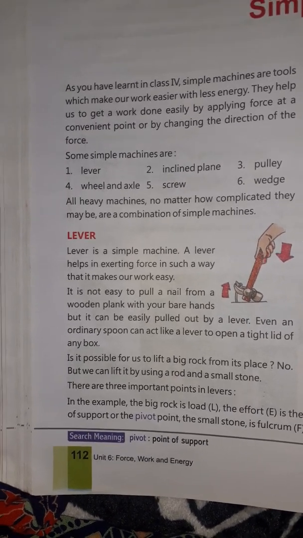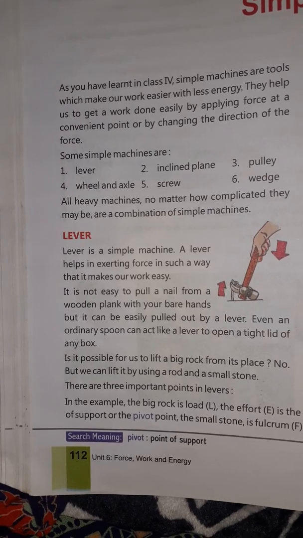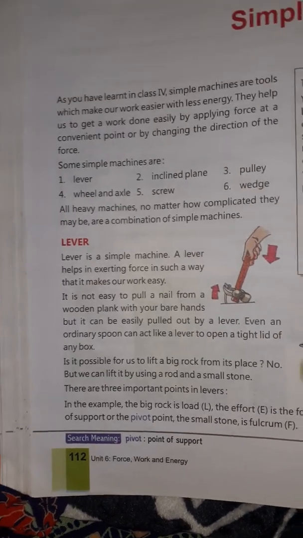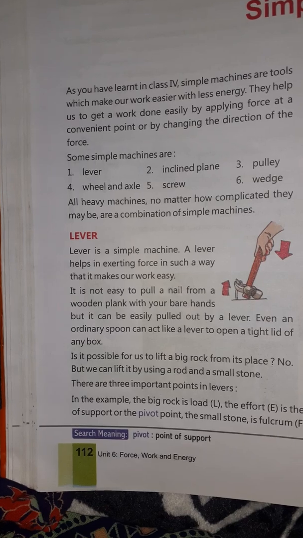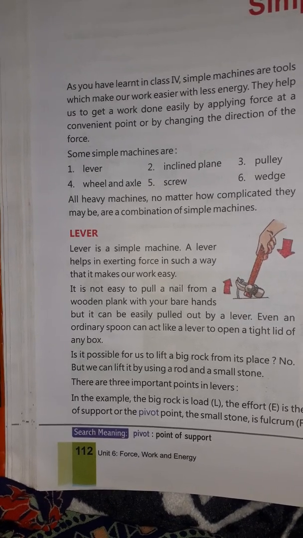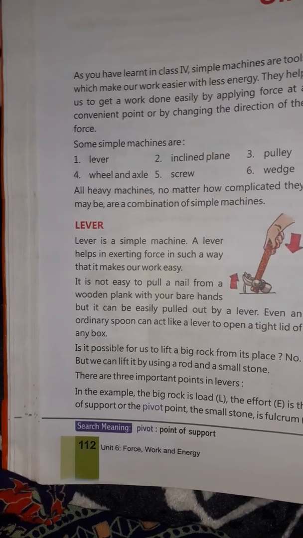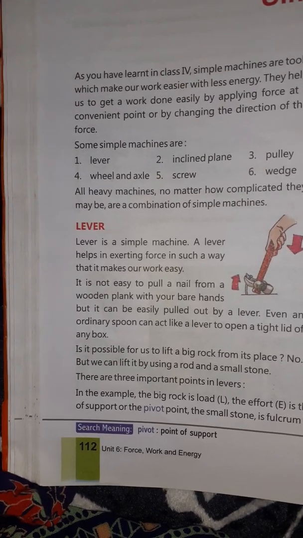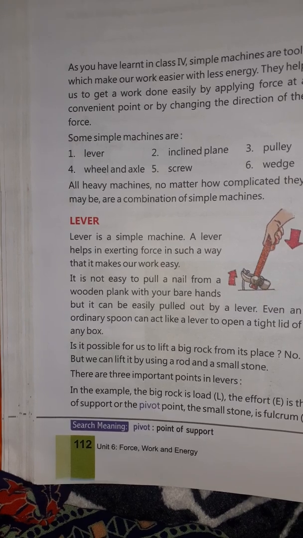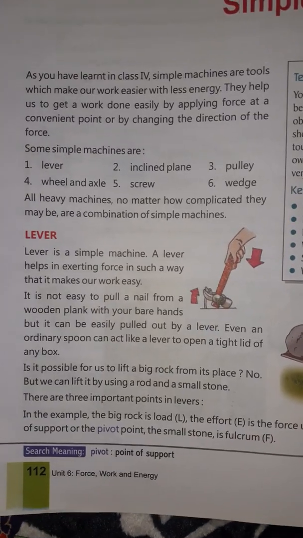There are many big machines, I admit, but a single big machine is made up of a combination of many simple machines, okay, for making up big or heavy machines.